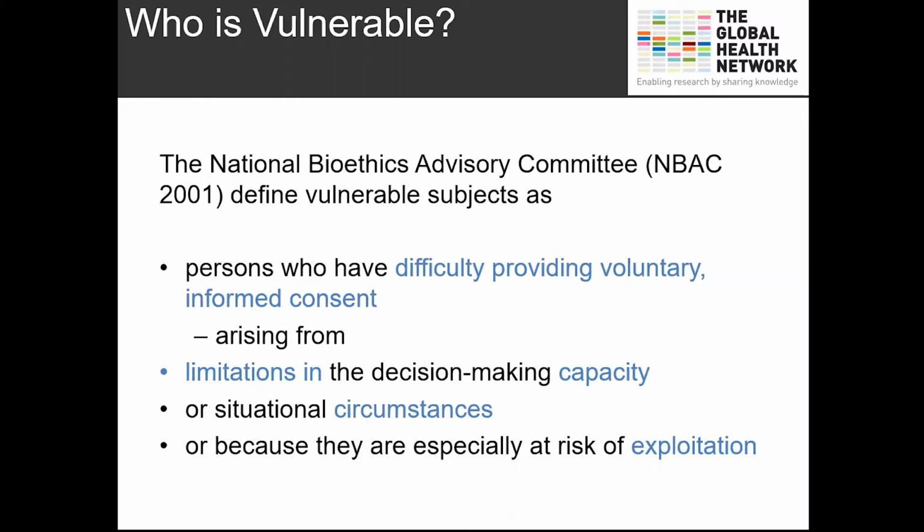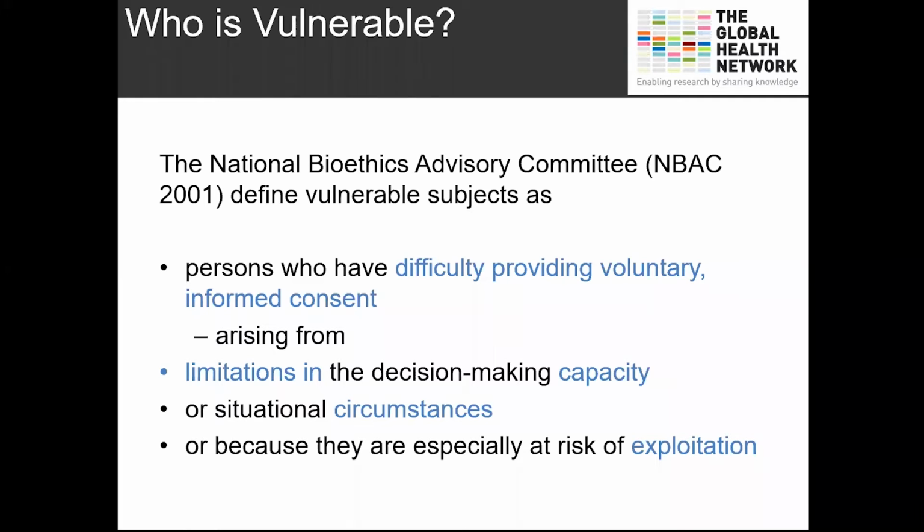This definition is from the National Bioethics Advisory Committee, and I like it because it's quite inclusive. It says that a vulnerable person is one who has difficulty in providing voluntary informed consent. That may be due to difficulties in decision making, or a situation that they have found themselves in, or the fact that they are at risk of being exploited.